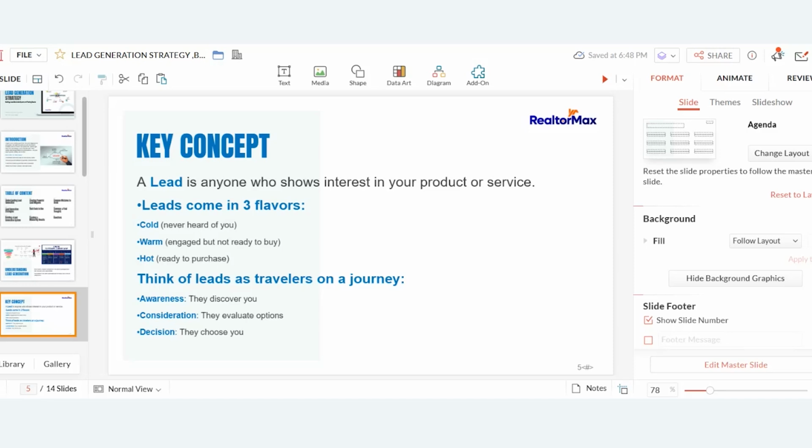So, these stages are very important, and we all should take note of this, because the way you communicate with your leads in the awareness stage is not the same way you will communicate with them when they are in the consideration stage, and it's not the same way you communicate with them when they are in the decision stage. I don't know if you are getting that point.